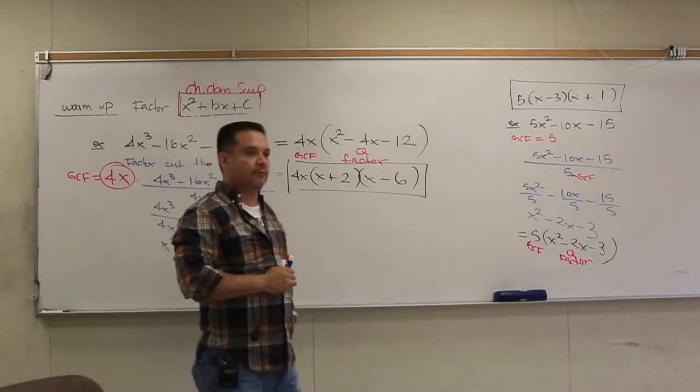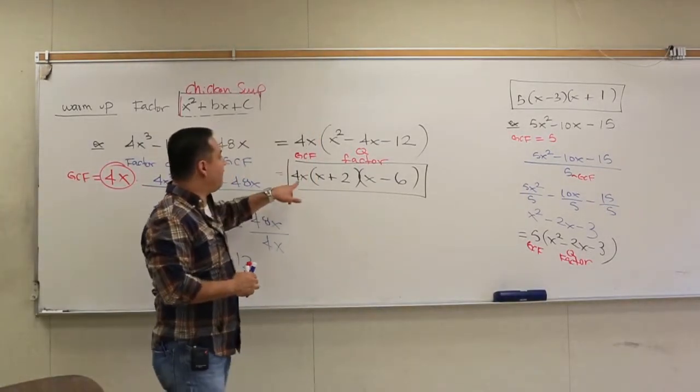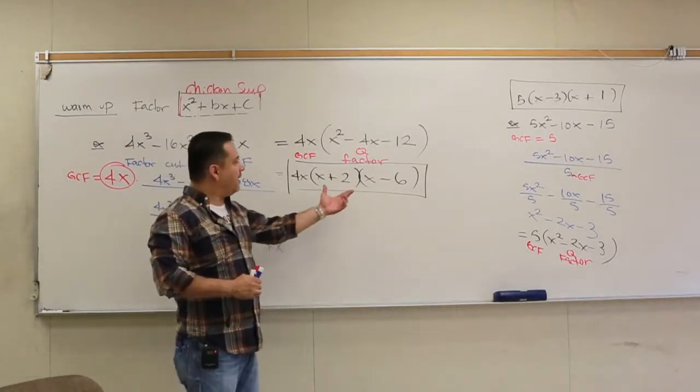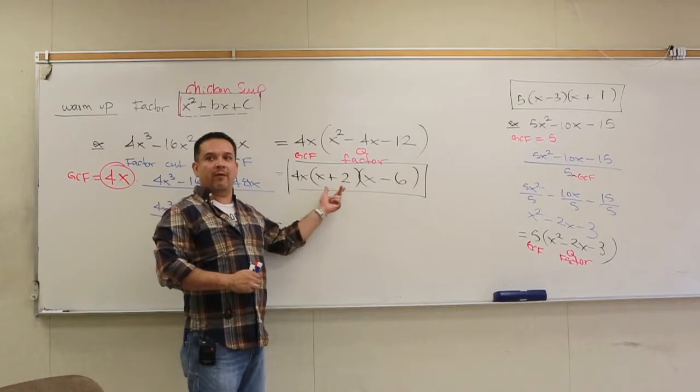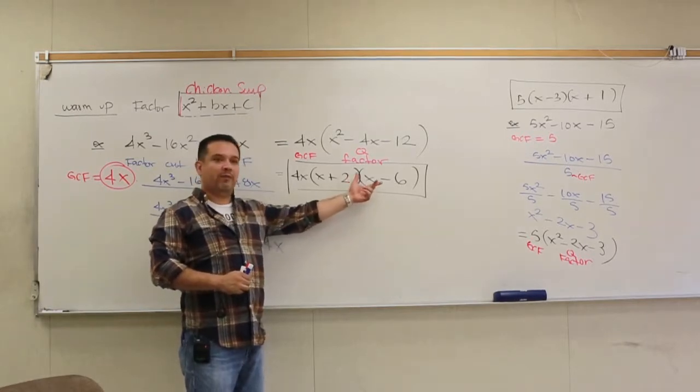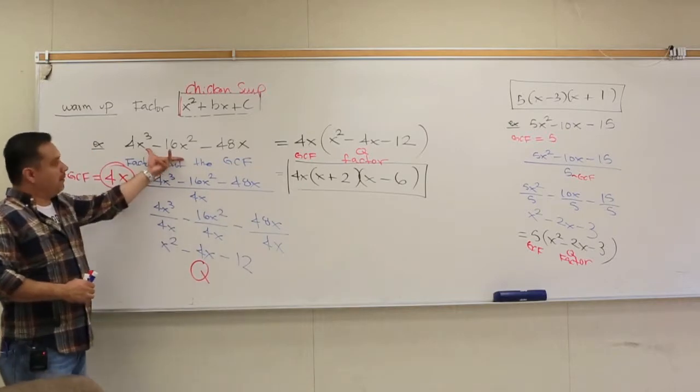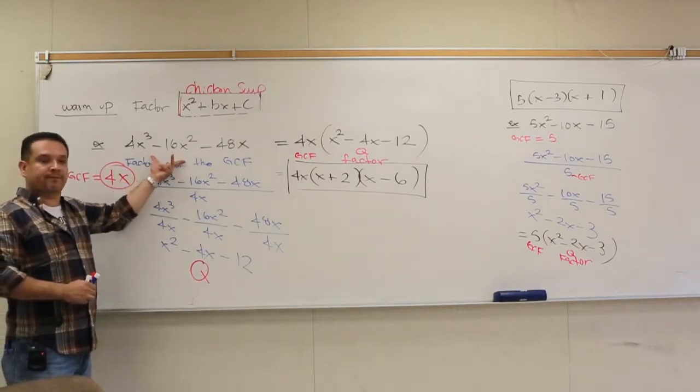That's our answer, the 4x. Yeah, don't forget, you need that 4x times. What happens if you multiply everything out here? What happens if you multiply the FOIL and you multiply the answer by 4x? You get this.